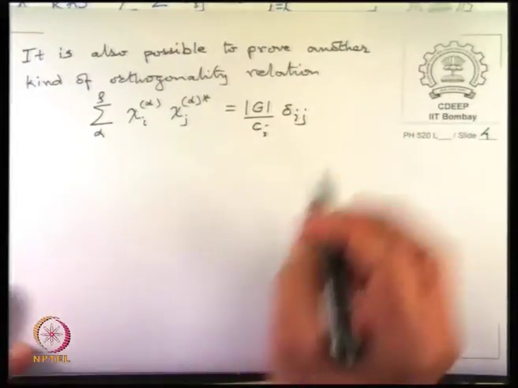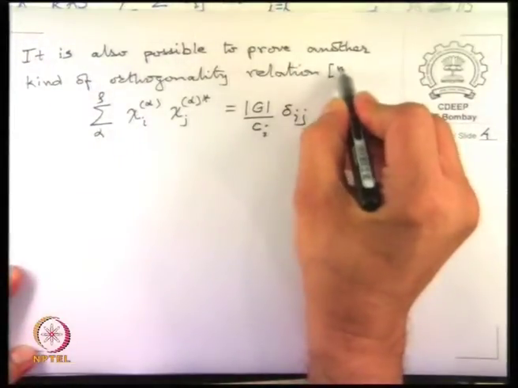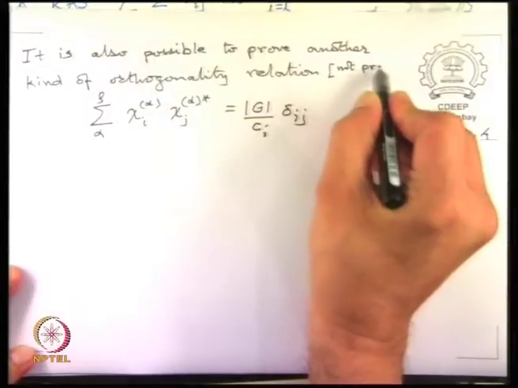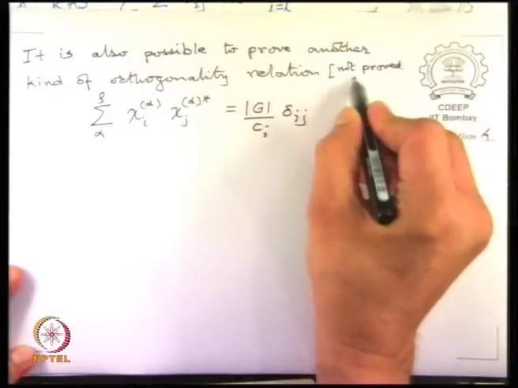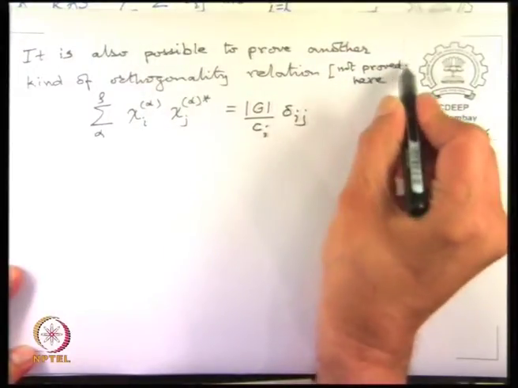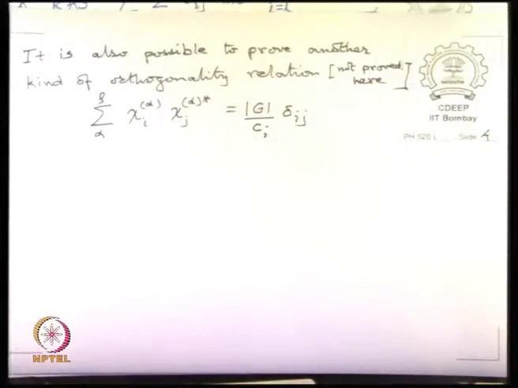We will not prove it here. So this then restricts the number of classes to remain less than the number of representations.